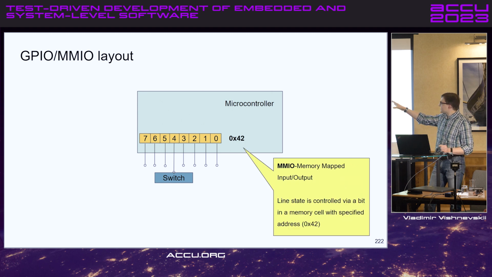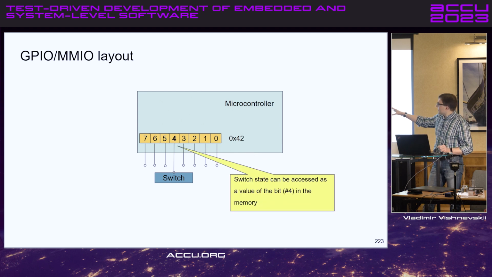The idea is that the state of the lines is reflected into bits in some memory allocation, and this memory allocation is architecture specific, so it is known. In this case, it's address 42, where this byte is sometimes called a register, though it's not a CPU or microcontroller register, just called like that.